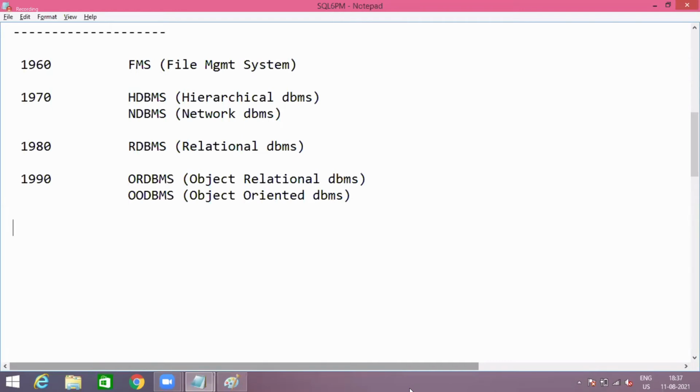We'll write just one or two points about RDBMS.